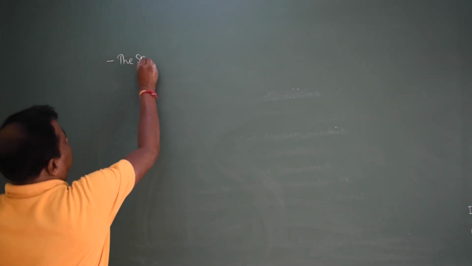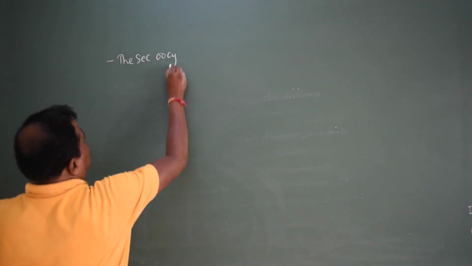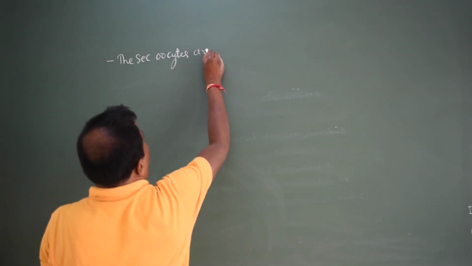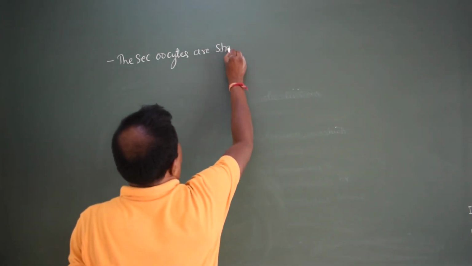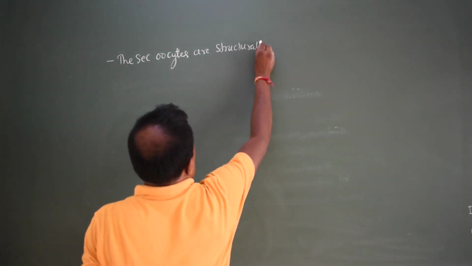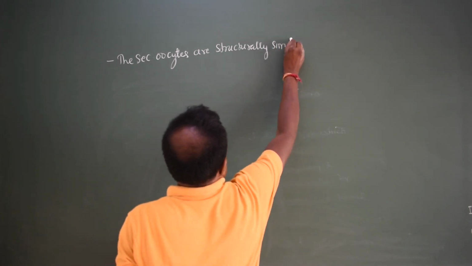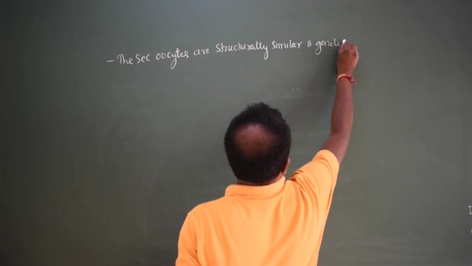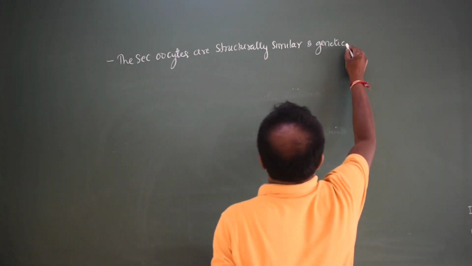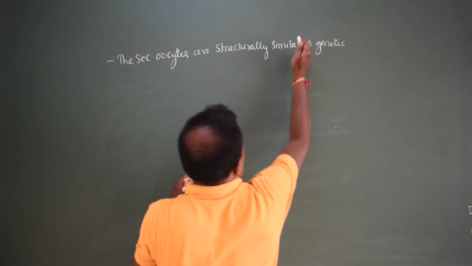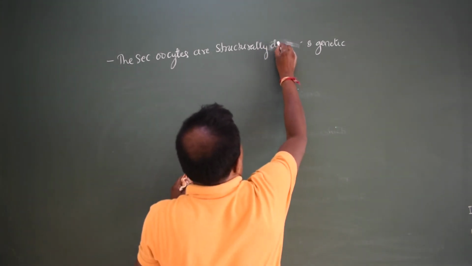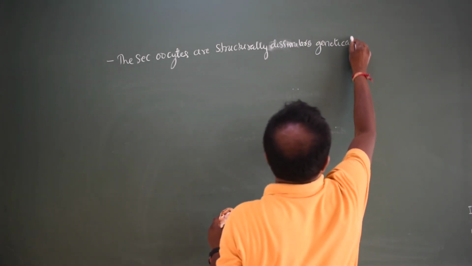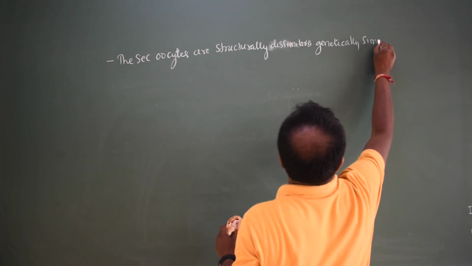The secondary oocyte and the first polar body are structurally dissimilar and genetically similar.